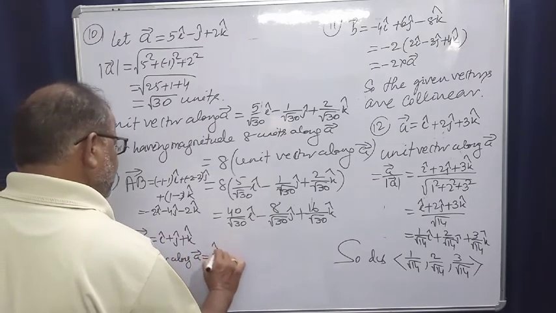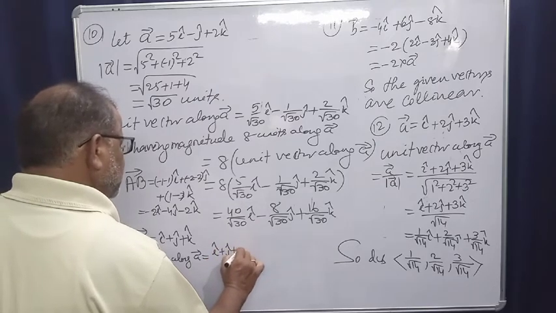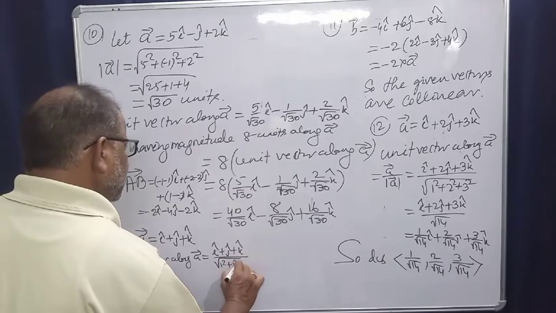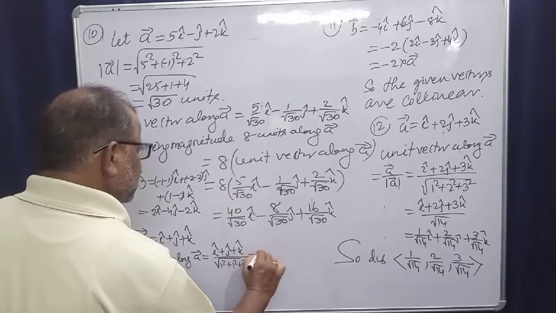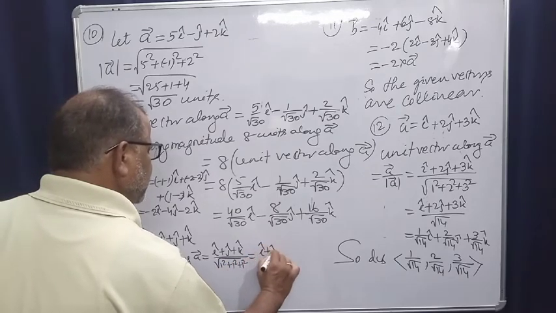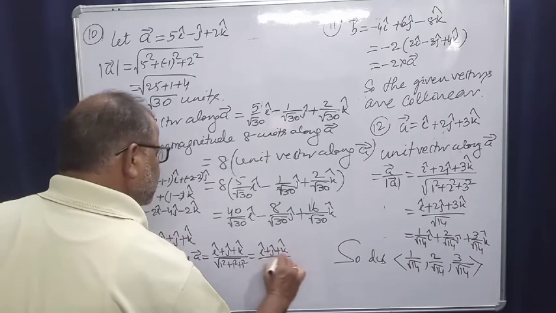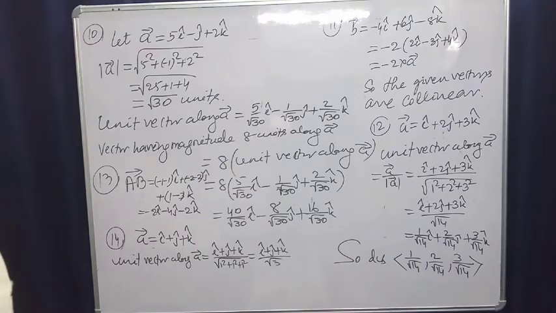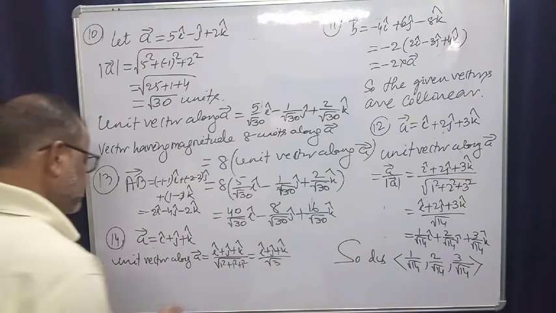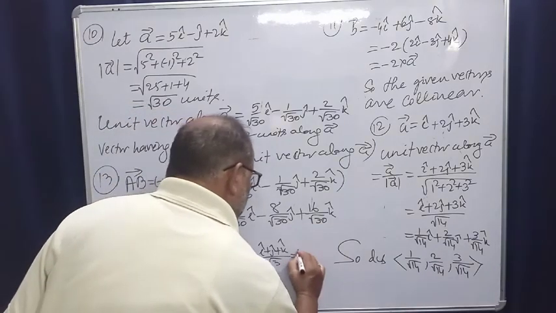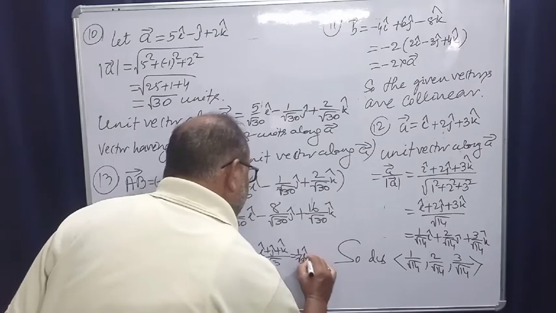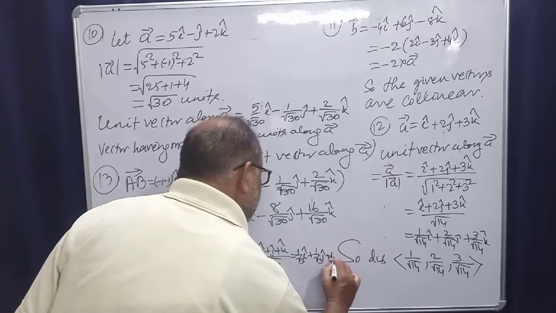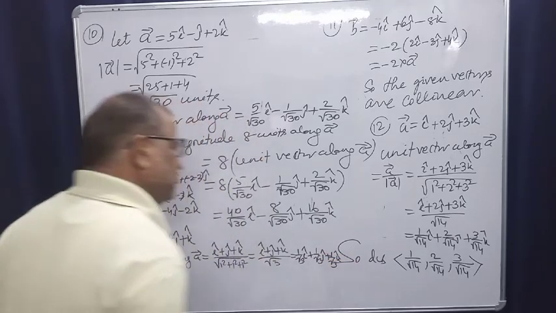This is (i cap plus j cap plus k cap) by the square root of 1 square plus 1 square plus 1 square. That is (i plus j plus k) divided by square root of 3. That is equal to 1 by root 3 i cap plus 1 by root 3 j cap plus 1 by root 3 k cap.